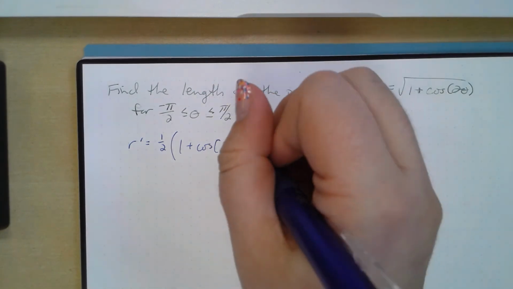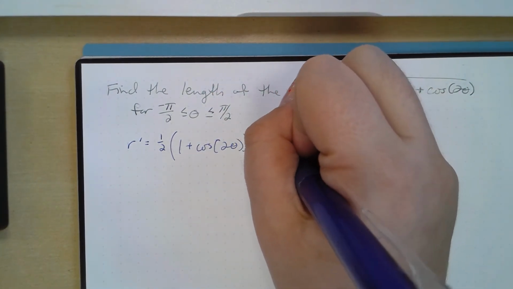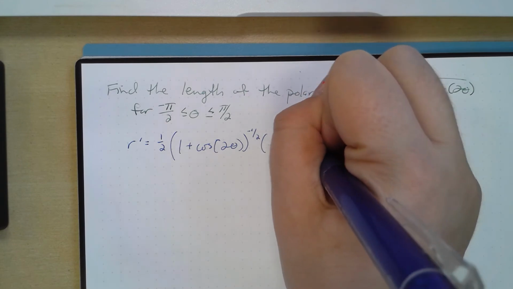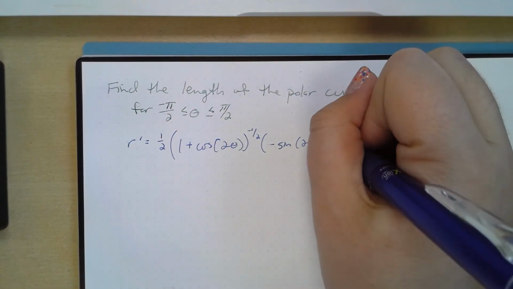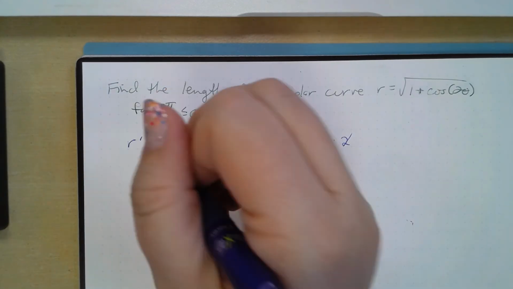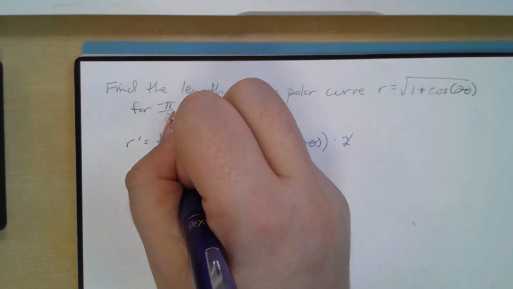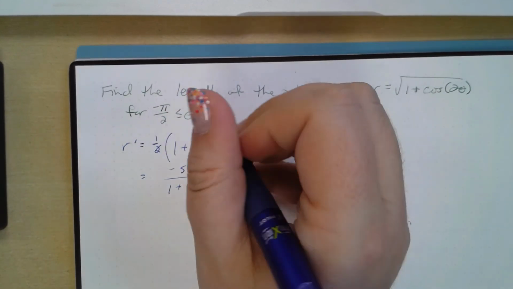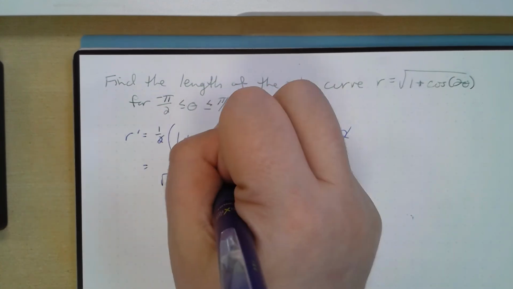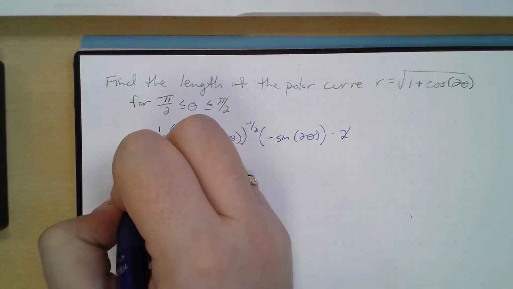Then I have to take the derivative of what's inside, a negative sine of 2 theta. Then I have to take the derivative of what's inside there, and so that's times 2. So these are going to cancel out. So I'm going to get negative sine of 2 theta over the square root of 1 plus cosine 2 theta. Right? That's r prime.